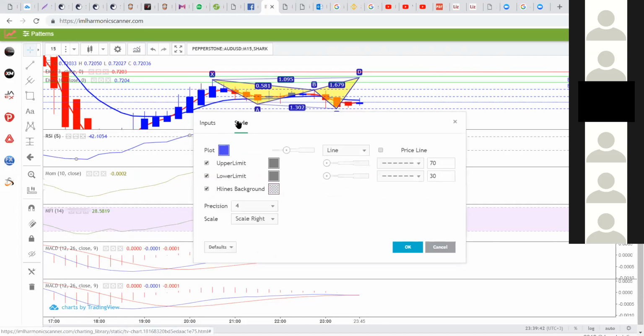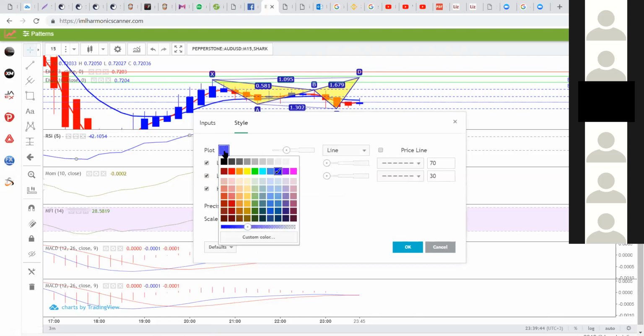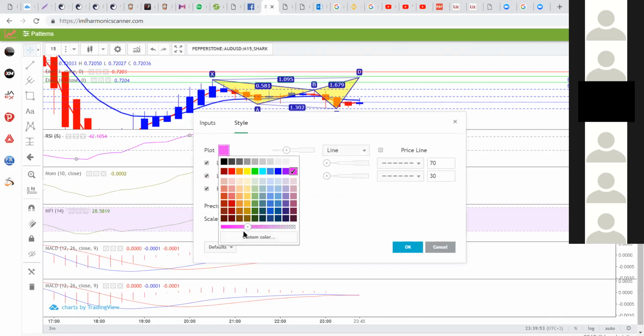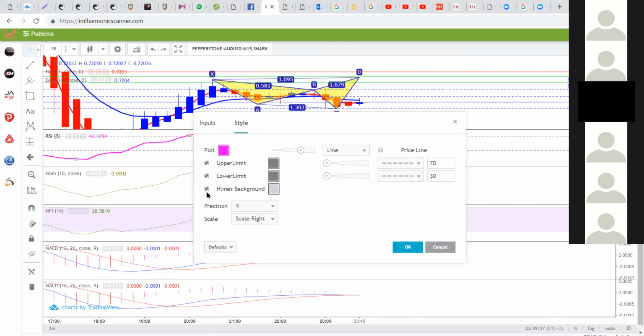I'm going to change the style. For the color, I'll prefer a magenta. So let me pick something like this, a magenta, not transparent. All right, a little thick.